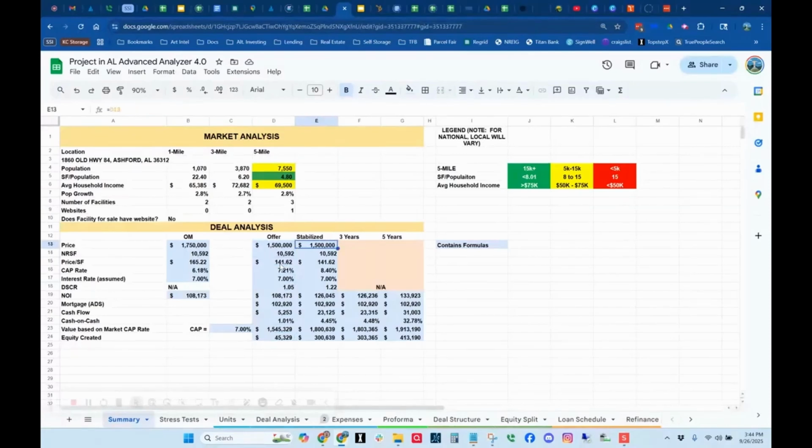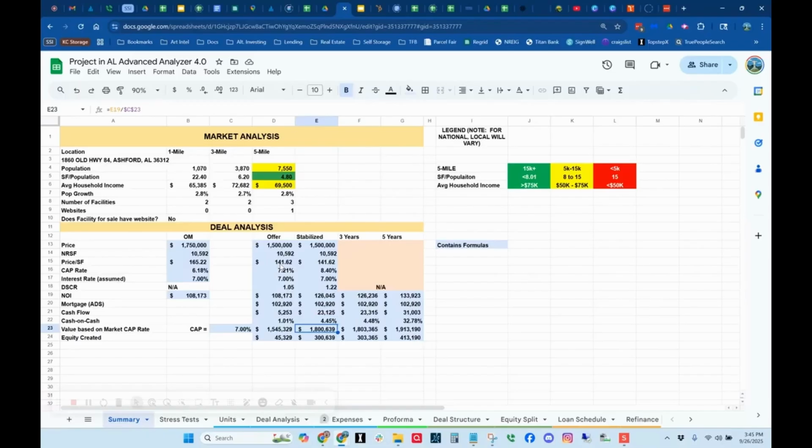Then after you stabilize it, you'll see your stabilization numbers where your debt service coverage ratio is 1.22. Now you'll want to try to get that up to 1.25. Your NOI, your annual debt service, the cash flow, and this is your cash on cash return at stabilization.